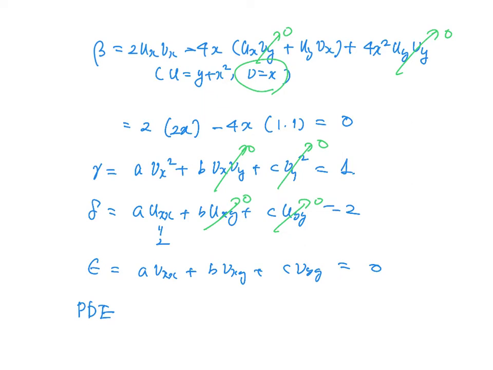What was the original PDE? c u_vv plus 2 c u equal to 0. So we can try the separation of variables.